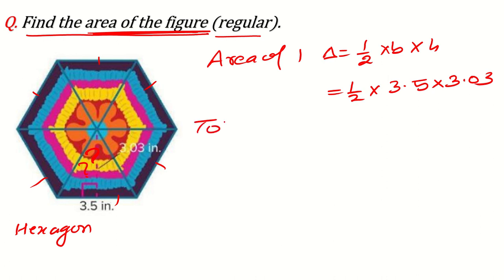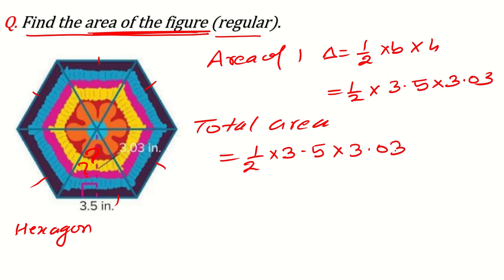Now the total area will be the same, 1 over 2 times 3.5 times 3.03, and we will multiply by how much? 6. Why 6? Because there are a total of 6 triangles. So 6 divided by 2 means 3.